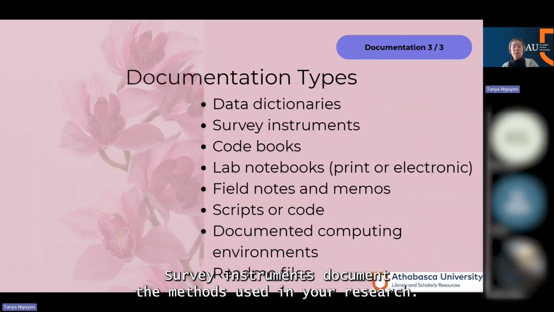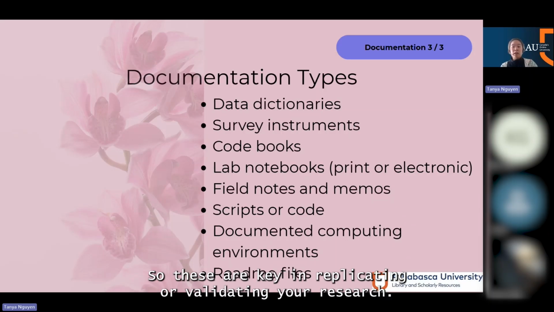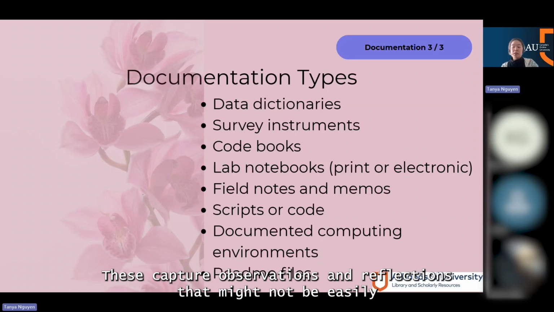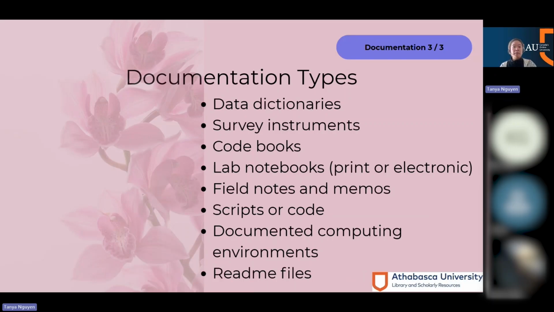Survey instruments document the methods used in your research, while lab notebooks, be they print or electronic, record experimental details. These are key in replicating or validating your research. Moving on to field notes and memos, these capture observations and reflections that might not be easily documented elsewhere, providing valuable context.